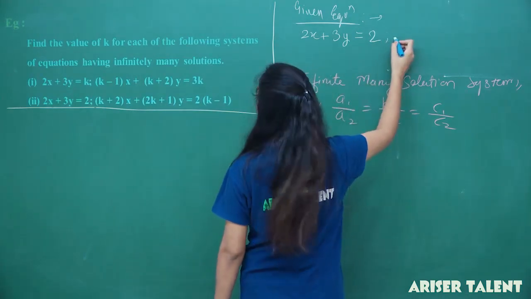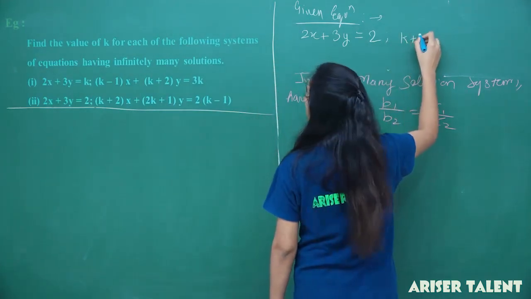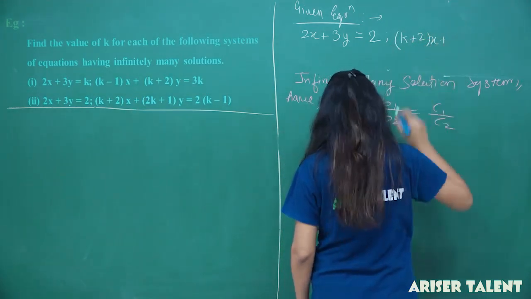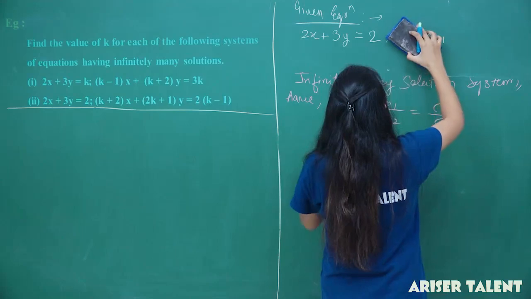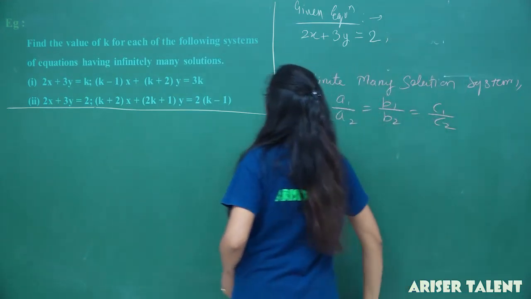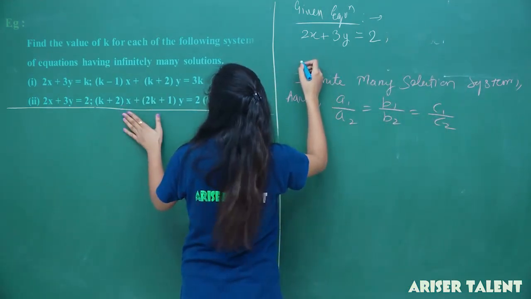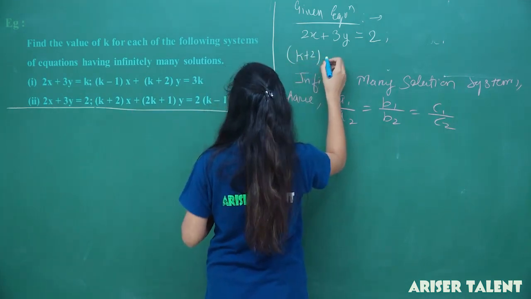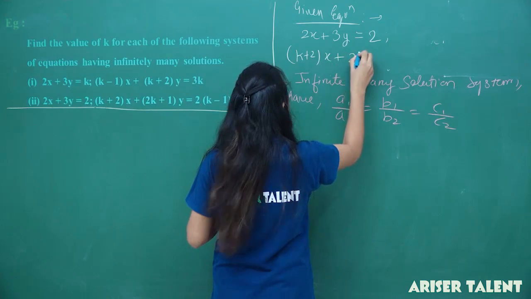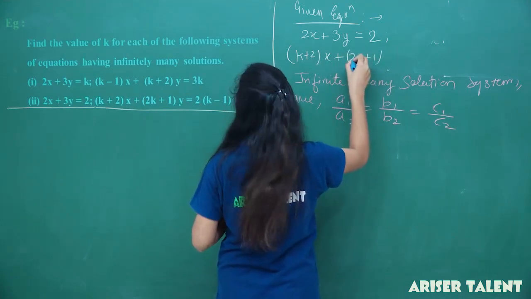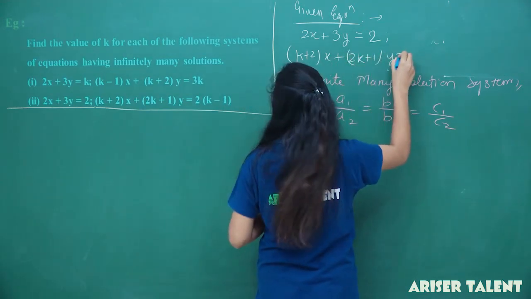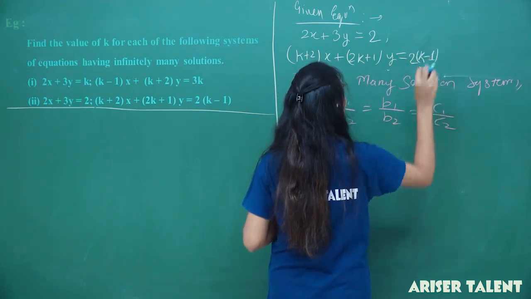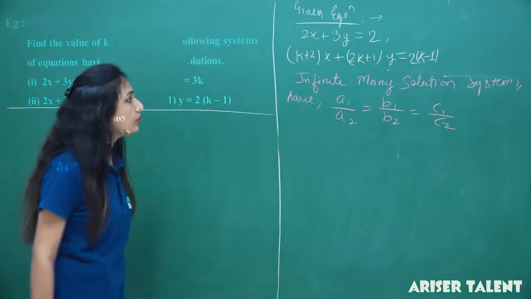The second one is (k plus 2)x plus (2k plus 1)y equals 2k minus 1. So these are two systems of equations.